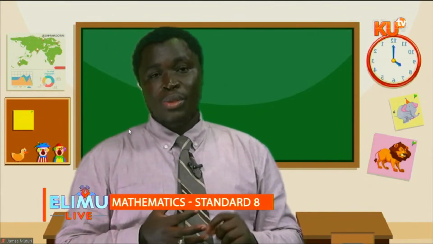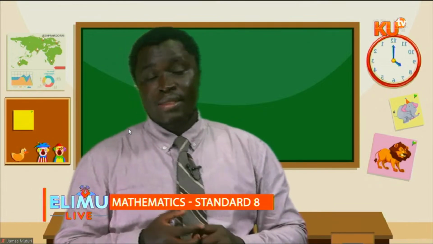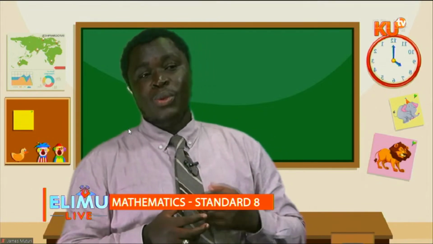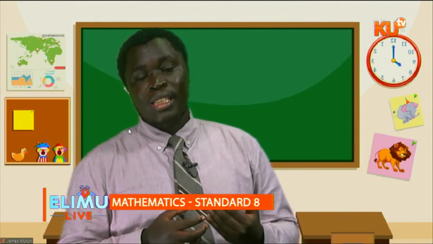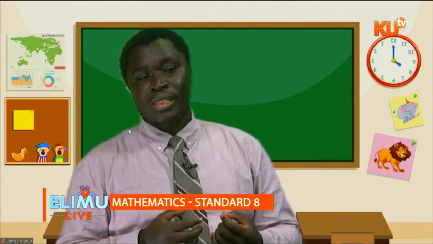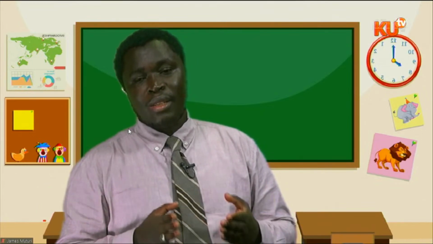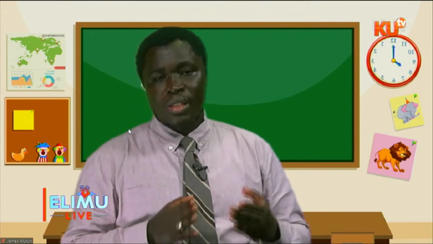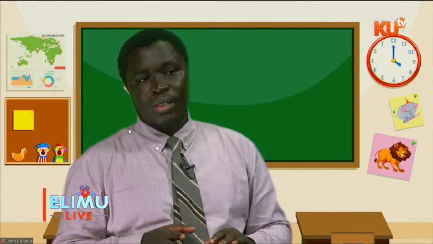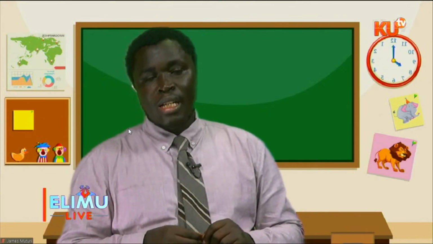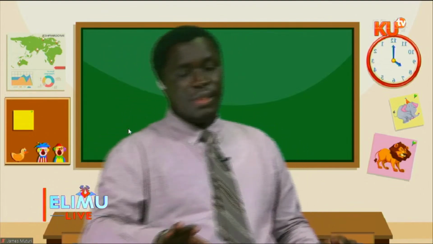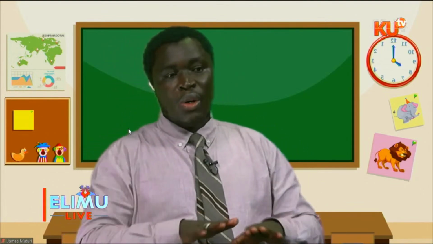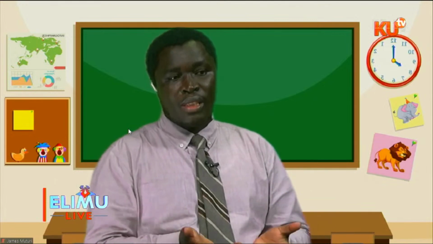Number 2, of these 6 faces, we have 2 opposite faces which are equal. For the 6 faces we have 2, 2, 2 which are equal, as we are going to see in the diagram. Number 3, when we talk of a closed cuboid, all the faces are there. No face is missing, so we talk of closed.